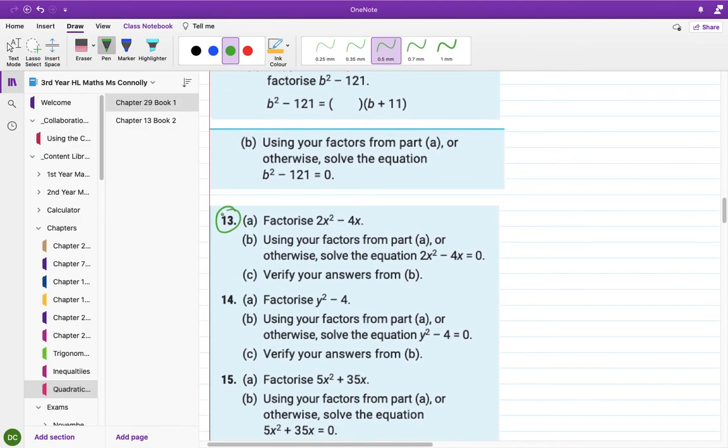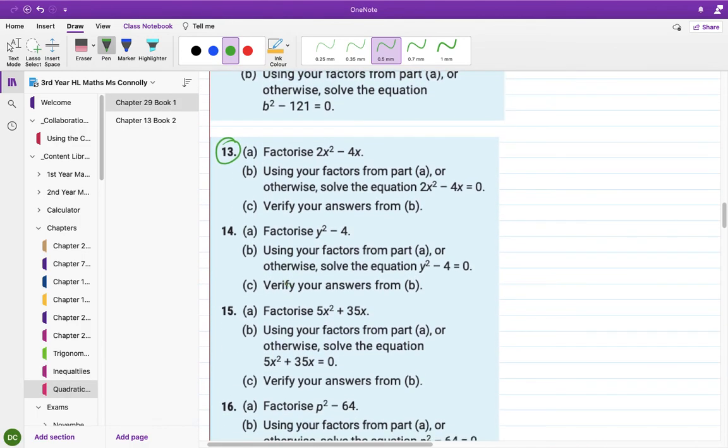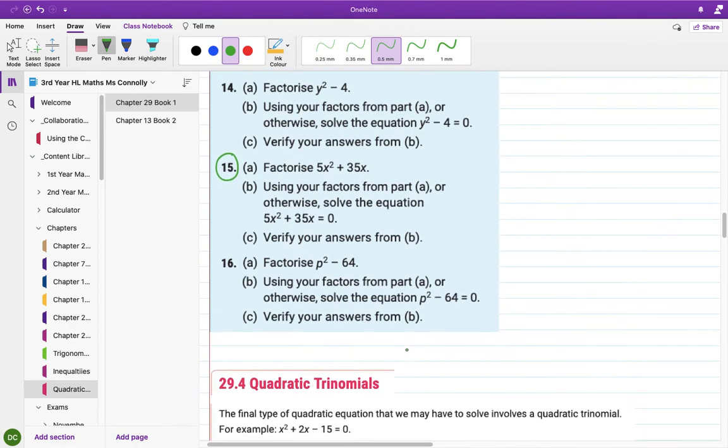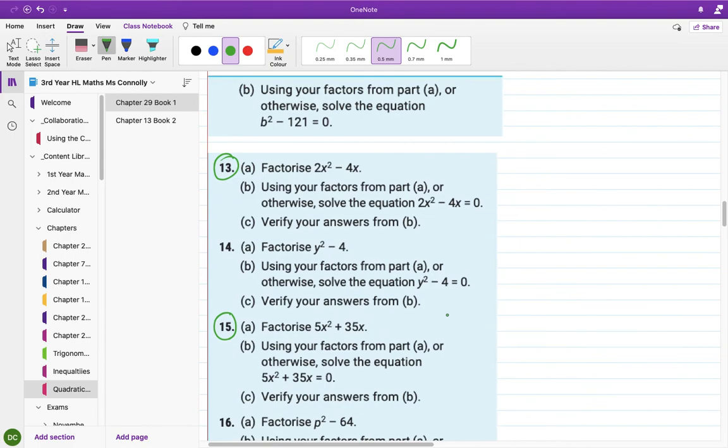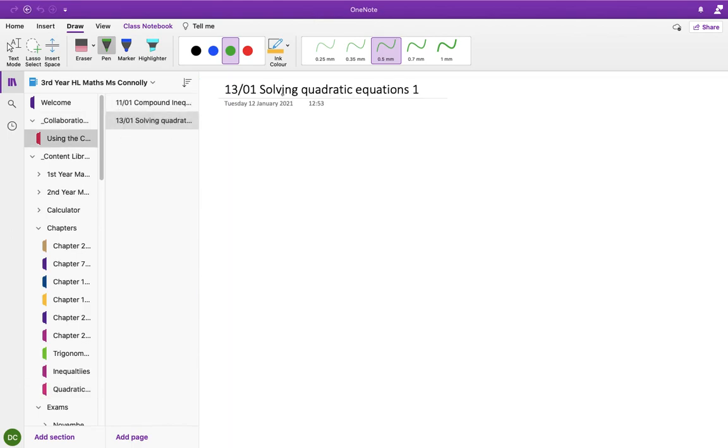Let's do 13, 15. Yeah, 13 and 15, okay? So I'll put them into the homework journal and please get them done. They're due for 9 o'clock on Friday morning. And again, if you have any questions whatsoever, put them into the collaboration space under this video, which is solving quadratic equations 1.